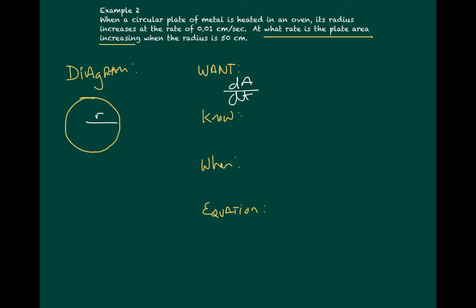And the rate we know is told is the radius is changing. So that's going to be dr/dt. And we know that that one equals 0.01 centimeters per second. And then the when is very important. That's when r equals 50 centimeters.